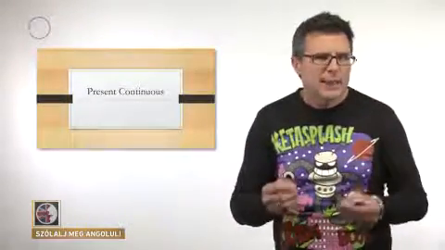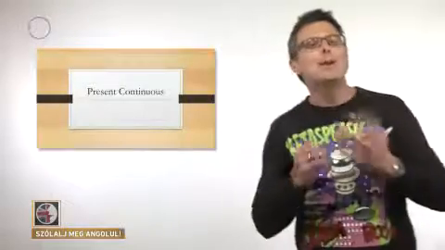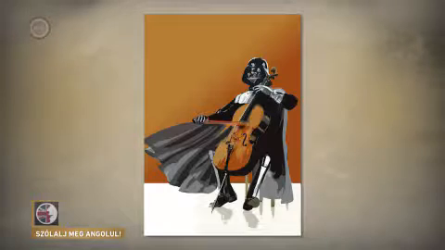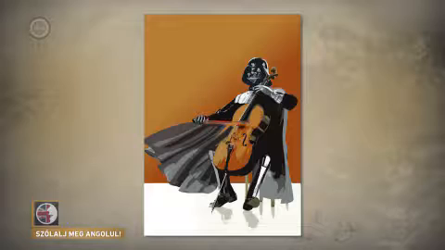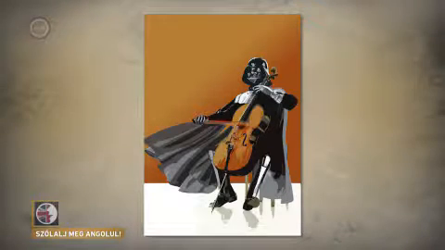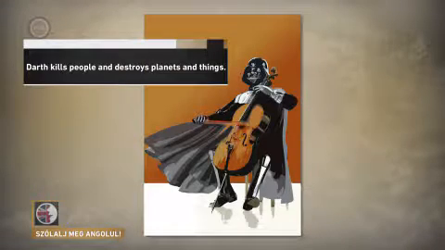And we can see the difference between the present simple and the present continuous if we look at this picture of our old friend Darth Vader. So that's Darth. And what is Darth? Darth is a lord of the dark side of the Force. We know that. Okay, and what does Darth do? Darth kills people and destroys planets and things. Good.